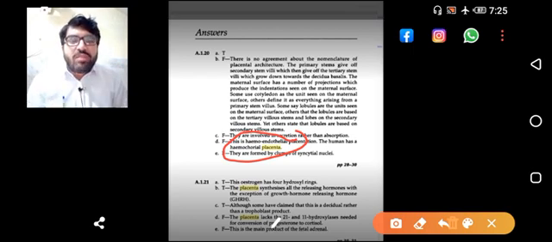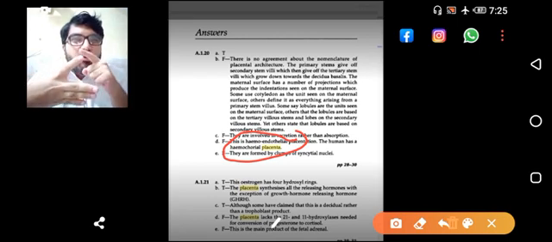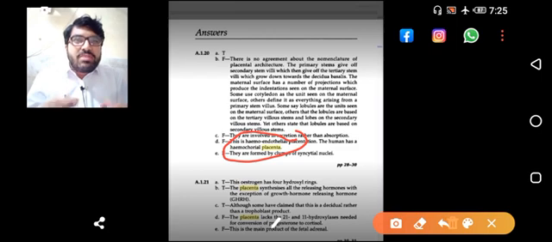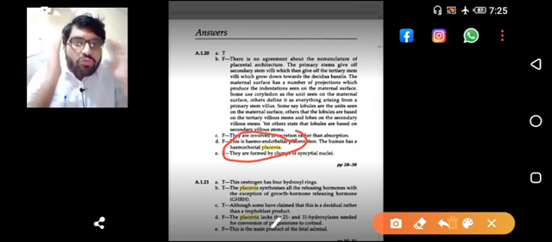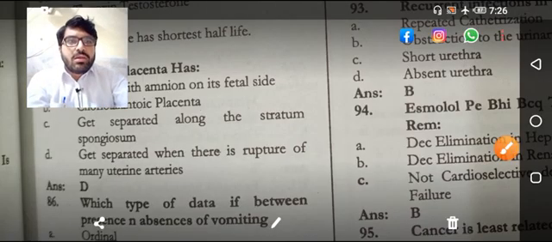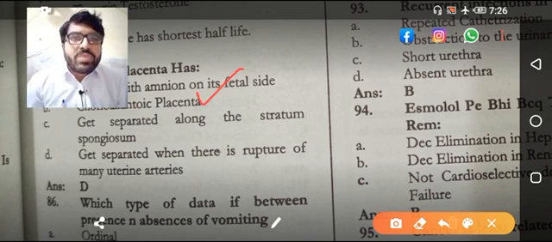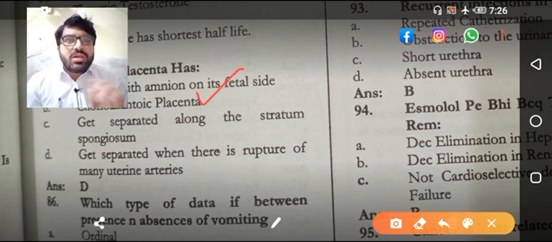This is a hemochoroidal placenta. So out of the 4 options, I proved that 3 are right, and I proved that 1 is wrong. So most probably the stem is wrong. So you have to focus on the stem. You have to clear your concept. So for me, it's option B and change the stem.